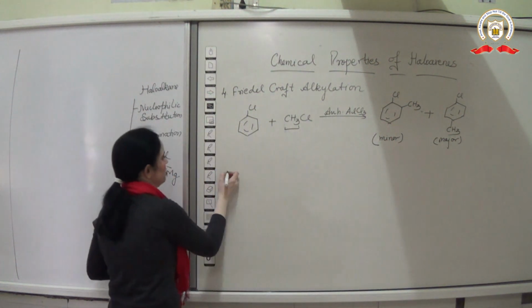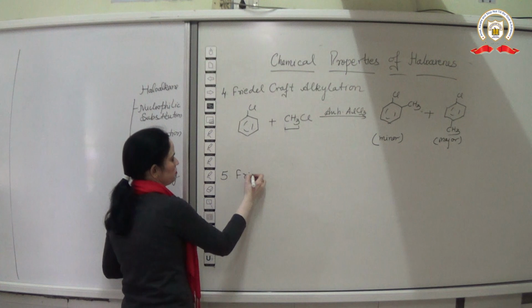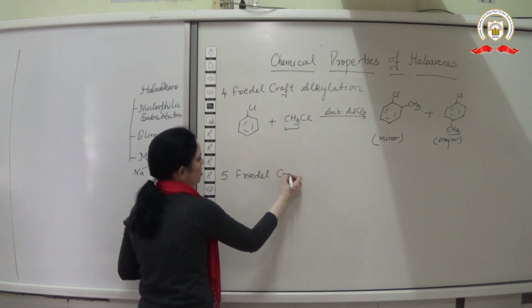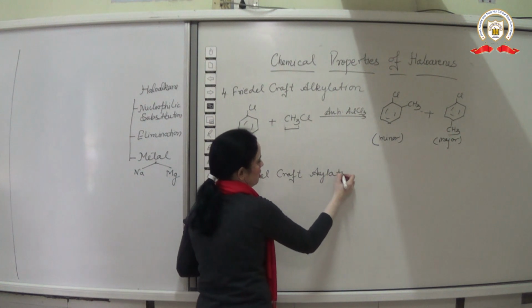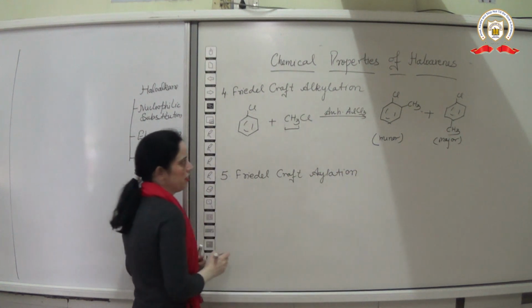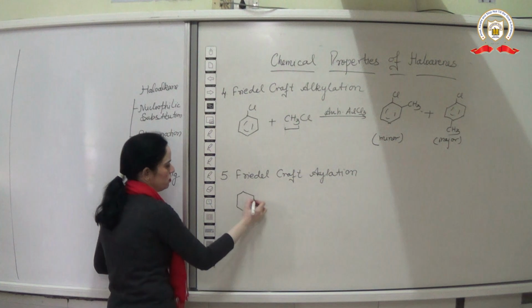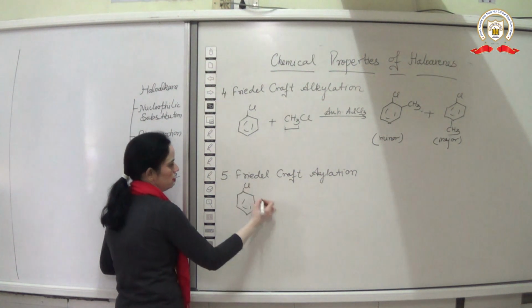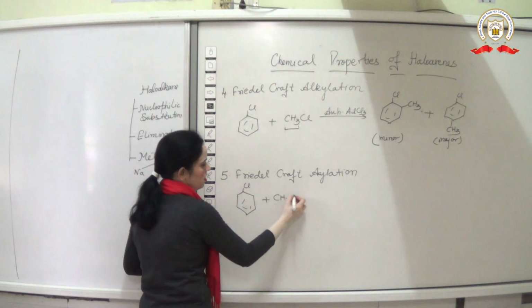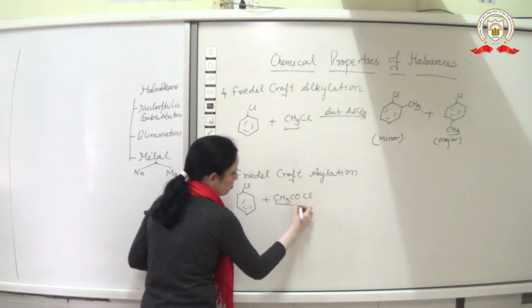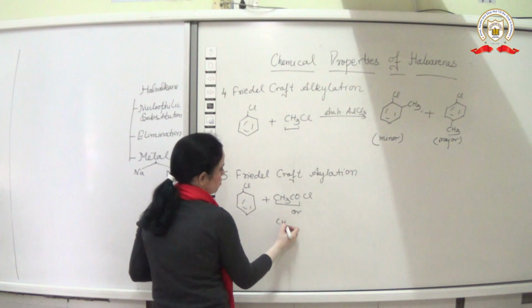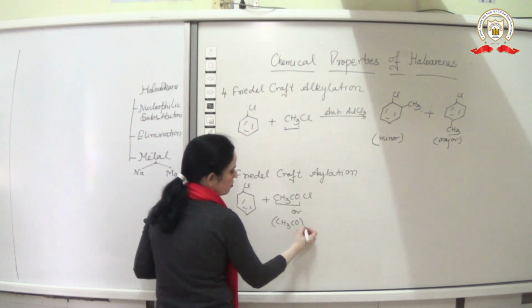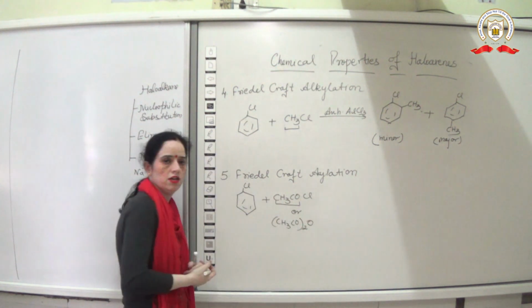Now the last one, Friedel-Crafts acylation. So let's have a look at the acyl group. CH3COCl. This is the acyl part. A number of times acid anhydride can also be taken. Here is the acyl group.